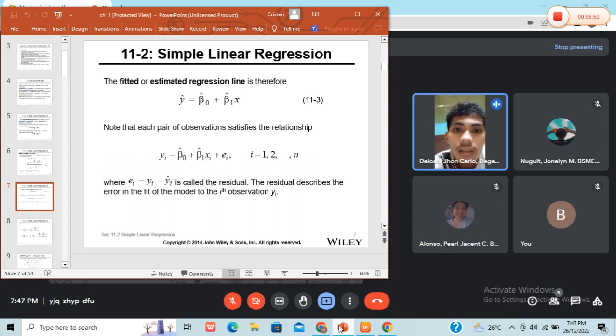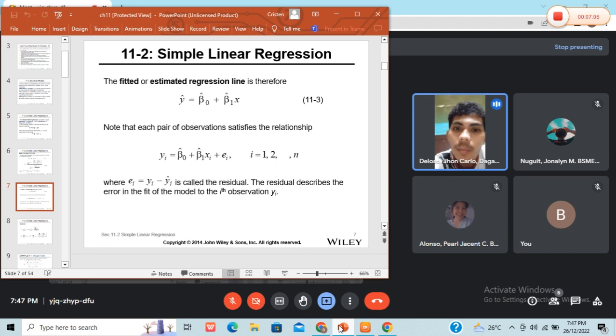The fitted or estimated regression line is therefore y hat equals beta hat sub 0 plus beta hat sub 1 multiplied by x.